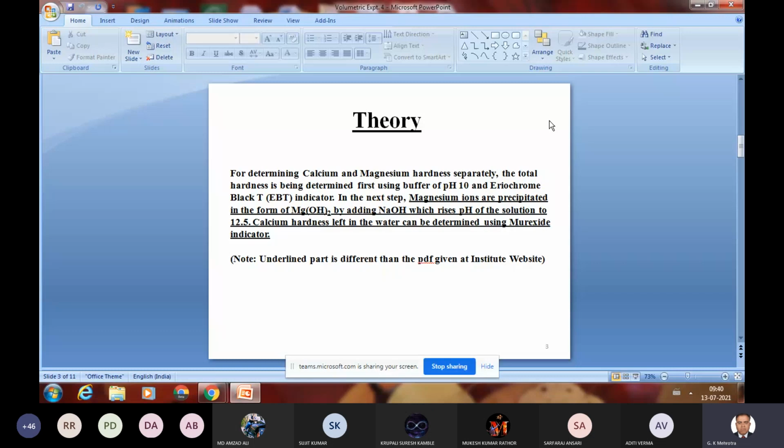It's again very interesting to use an indicator which can bind with the calcium and magnesium present in water initially, and then should be able to get free.